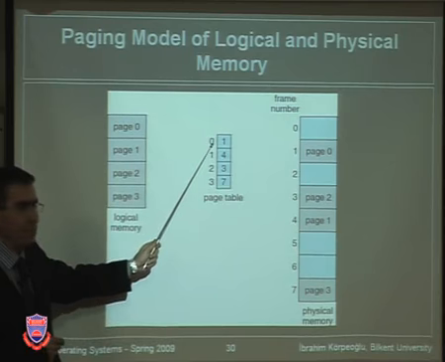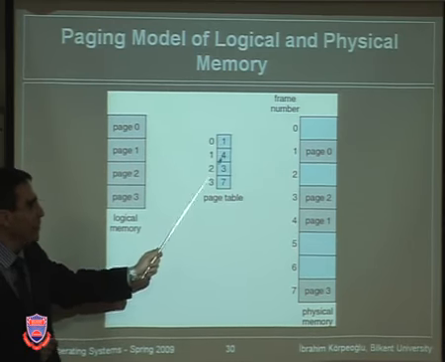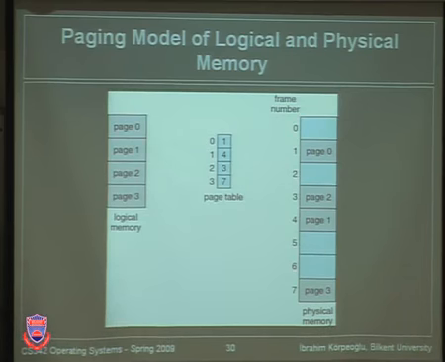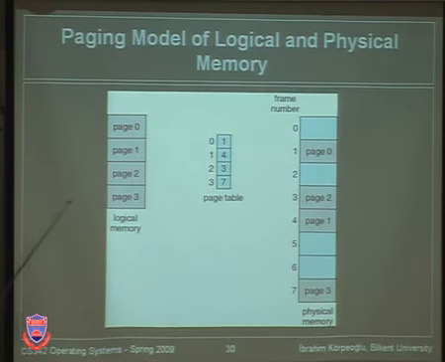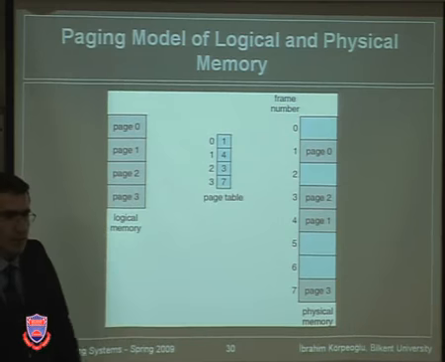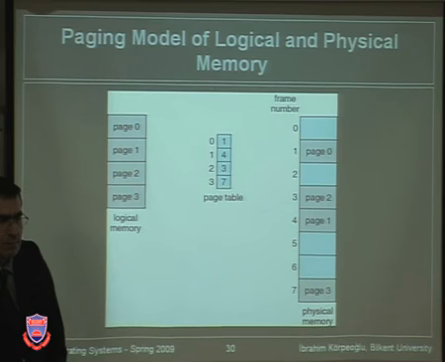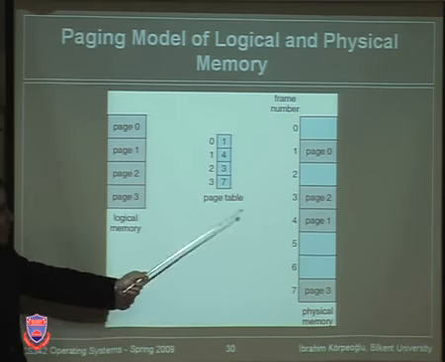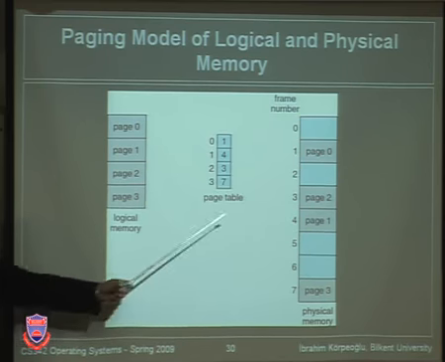Here it says that page 0 is sitting in frame 1, page 2 is sitting in frame 3, and so on. Is that clear? So who is actually loading a page into some frame of memory? Who is loading that from the disk? The application or the operating system? The operating system, right? So after loading it, it knows, for example, where each page is sitting.